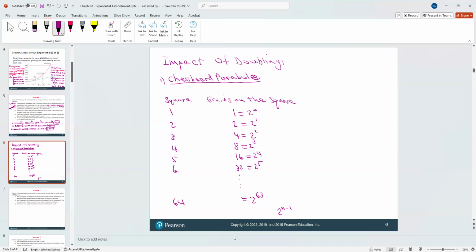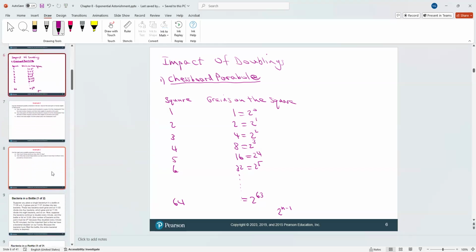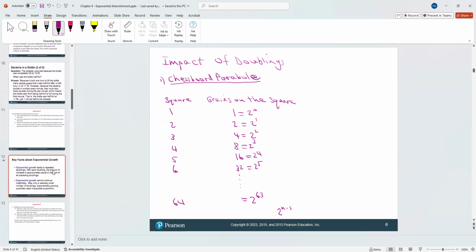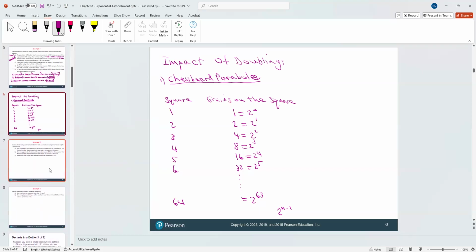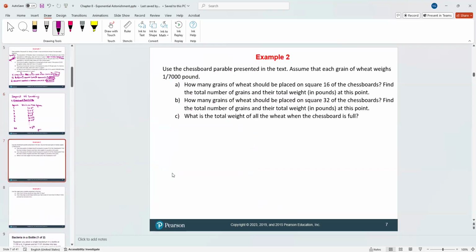In these examples, I might make my video too long, but we're gonna try anyway. In this one, it says: how many grains of wheat should be placed on the 16th square? You know that already.